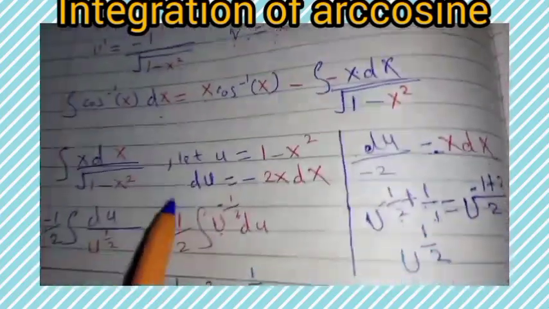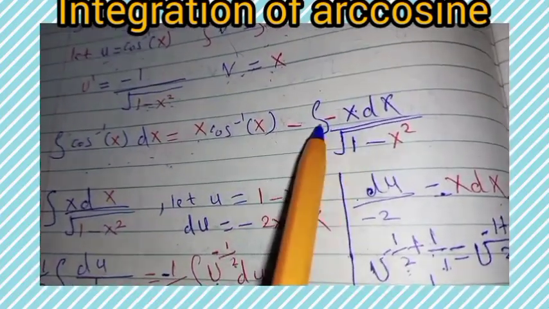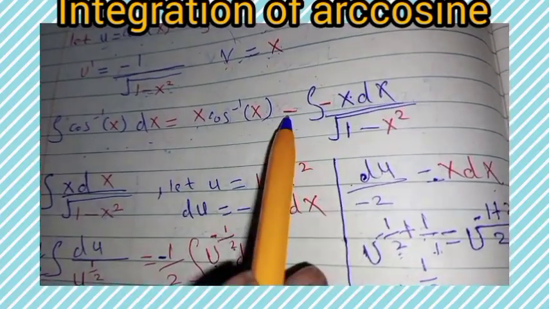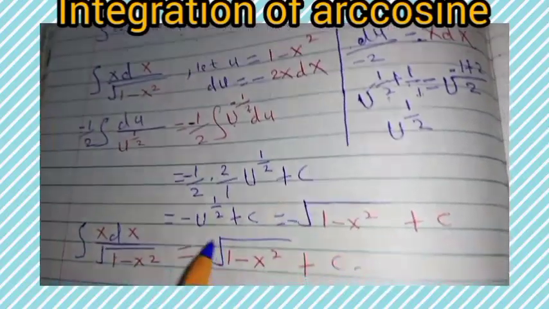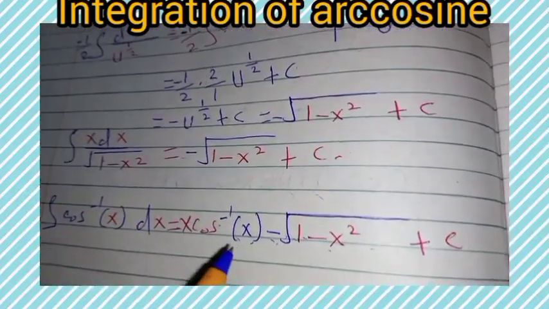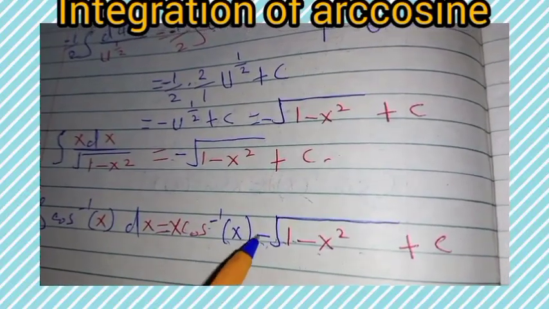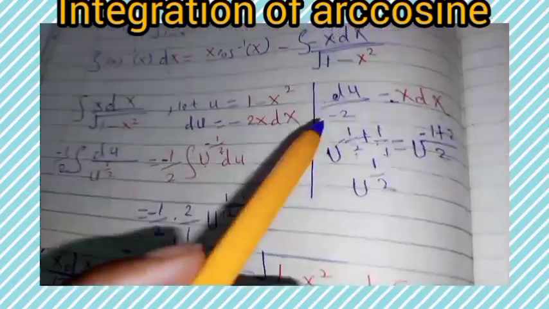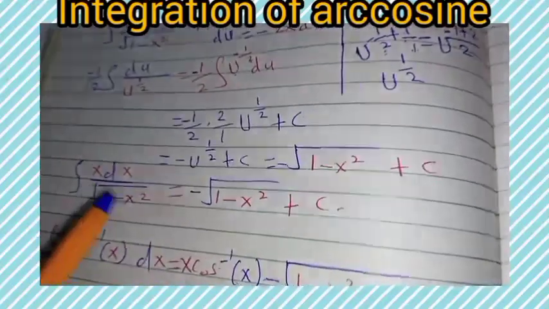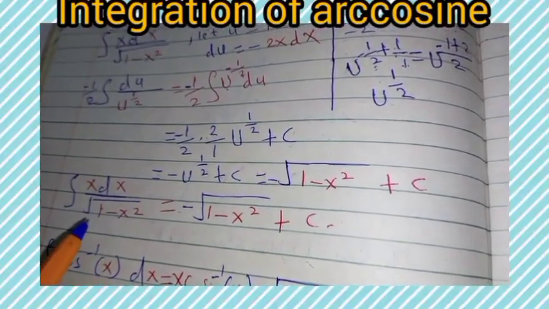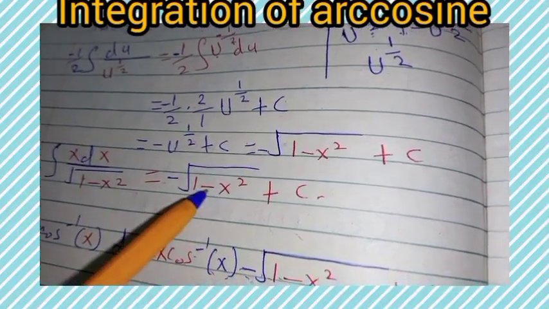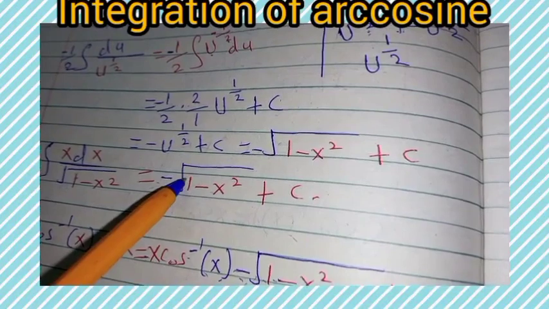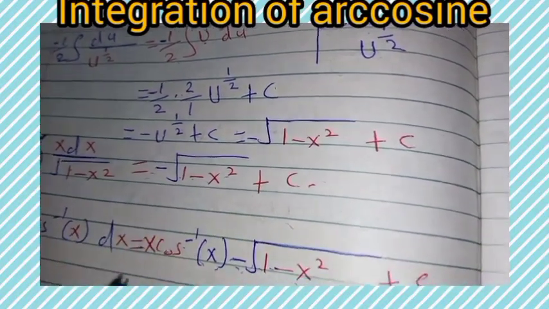And also, it is testing the knowledge of integration by substitution. Now, this minus and minus will be positive. So when we come to the final result, we have this part being negative, because when we integrate x dx over square root of 1 minus x squared, it is giving us negative square root of 1 minus x squared, as shown here.